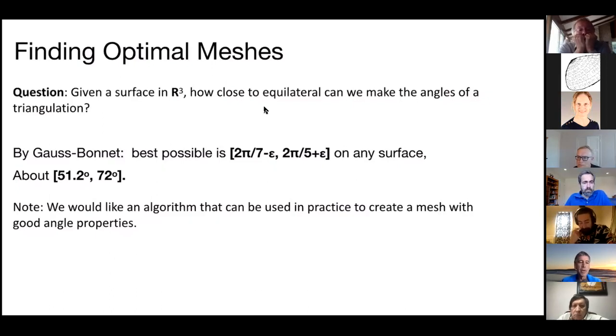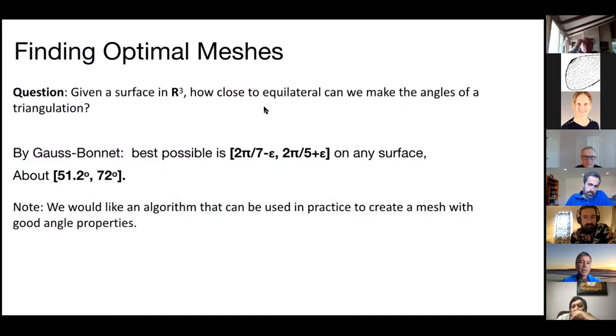So the basic problem is, given a surface in 3-space, how close to equilateral can we make the angles of the triangulation? So there's a purely mathematical problem. We have a 2-dimensional surface of some genus and a Riemannian metric. Can you find some triangulation with the angles as far away from 0 as possible? If you think about it, in a general surface, depending on the Euler characteristic, unless it's a torus, you're going to have a vertex that doesn't have valence 6.